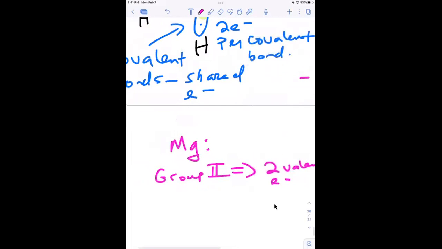If I lost 1 electron from magnesium, how many electrons would it have left? Look right here. You've got 2 right here. Let's say you lost 1 of them. What would the new ion look like?